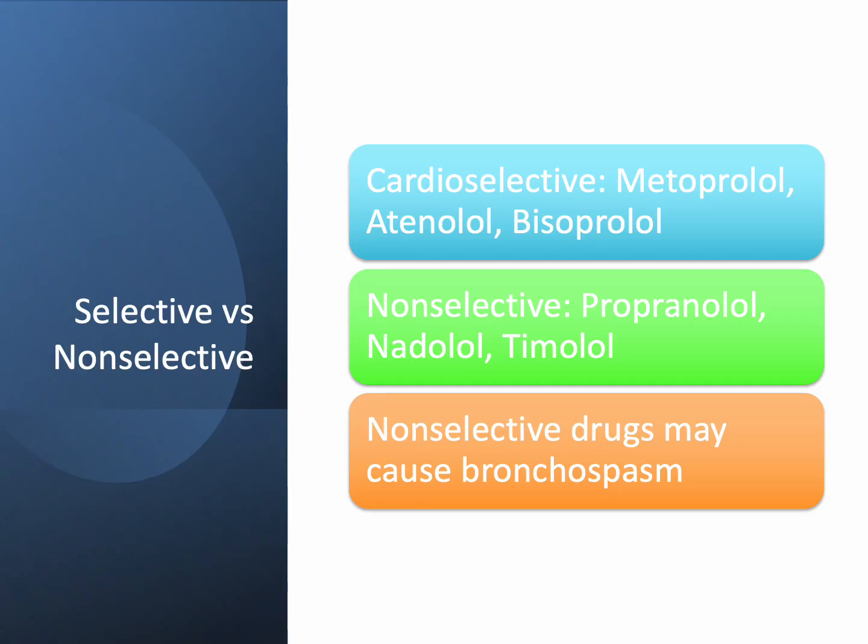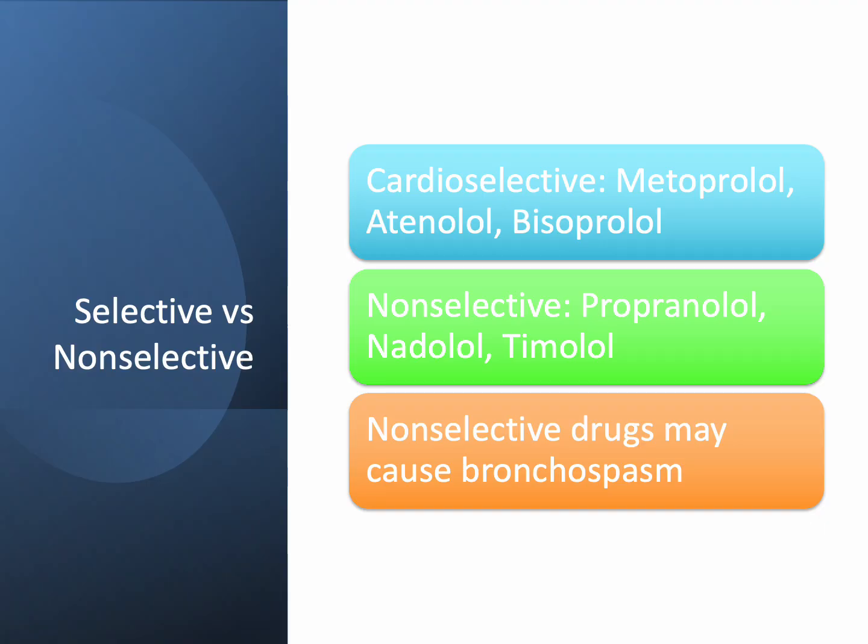Okay, selective versus non-selective. Most beta blockers are cardioselective, meaning they mostly affect the heart. For example, metoprolol and all the cardiac selective medications are used in the heart.